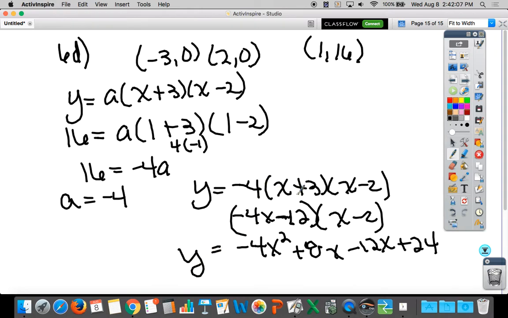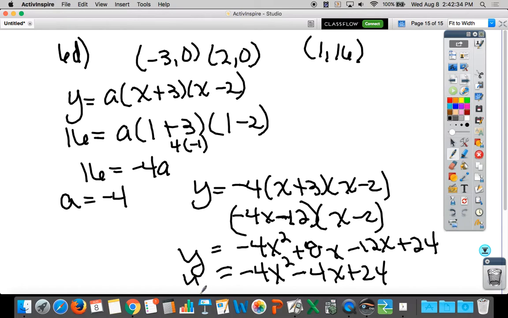I don't have a negative. You did not get the negative 4 here? Okay. Let me double check. Negative 4x squared, negative times negative is positive 8x, negative 12x plus 24. So my final equation is negative 4x squared minus 4x plus 24.